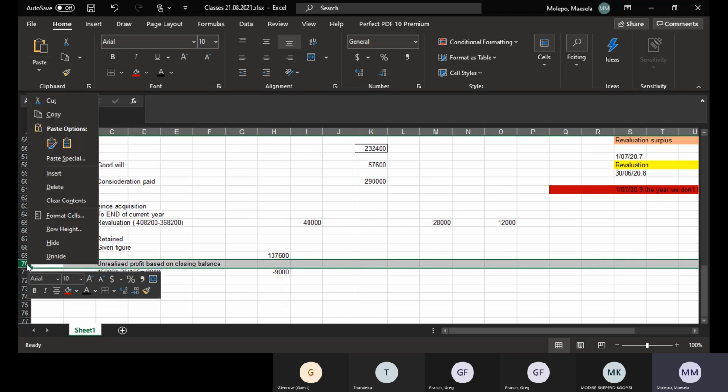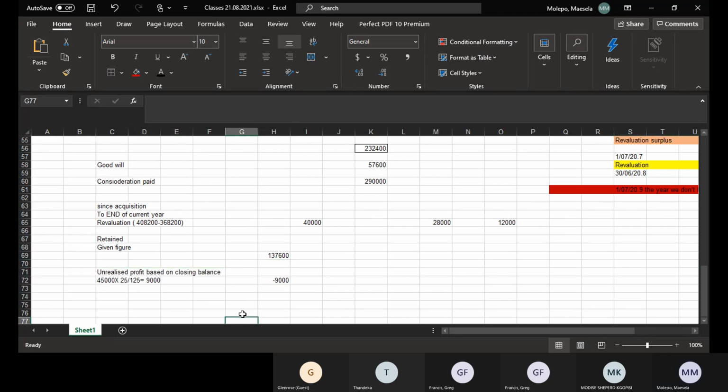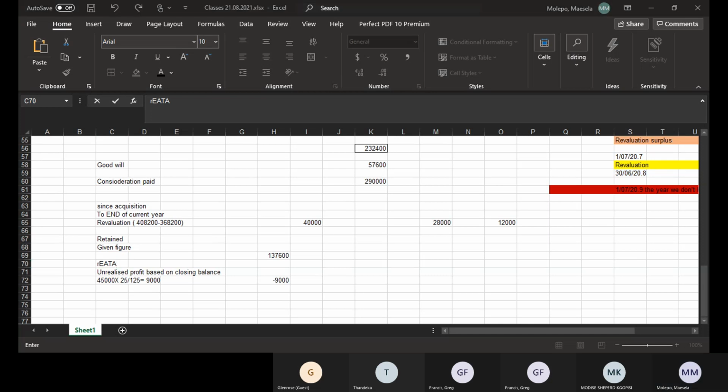Normally, if we were doing the retained earnings up to the beginning of the current year, we would say retained earnings as the balance shown at the beginning of the year, less the retained earnings at acquisition. Normally we do that, right?